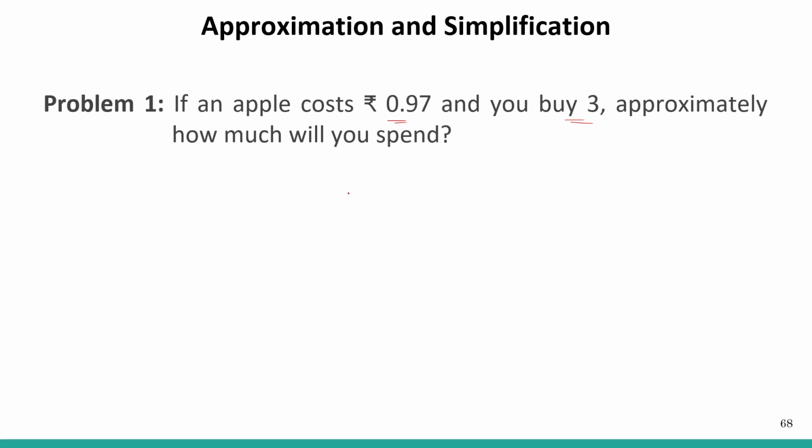So 1 apple costs 0.97. So 3 apples cost how much? 0.97 into 3, right? So this will be equal to 2.91.